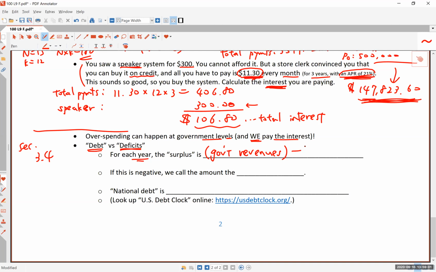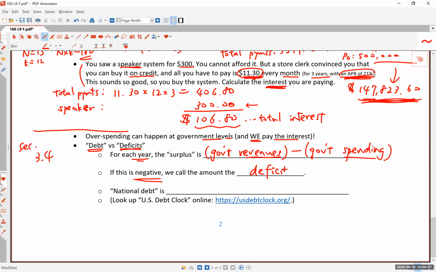Some of the other fees you pay, like parking fees, I guess count as government revenues. Government does spend money, right? And so the difference, just like personal finance, is like how much you earn minus how much you spend. If this number is positive, it's called a surplus. If this number is negative, guess what? It's called the amount of deficit.